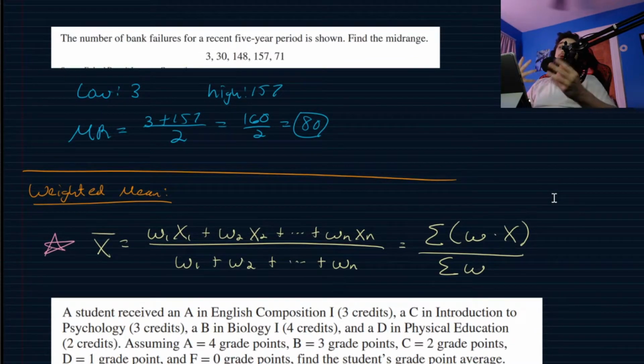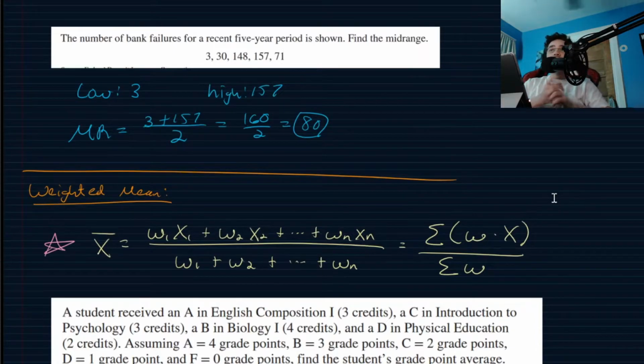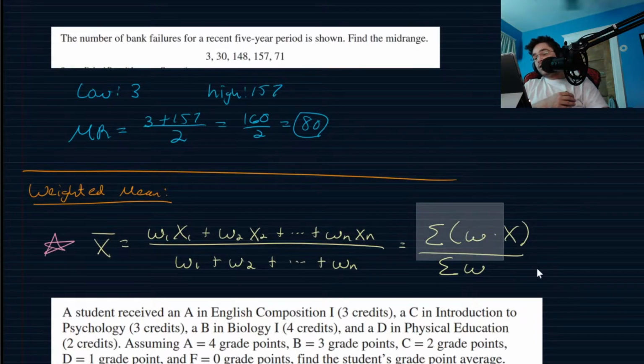Okay, and then we come to the weighted mean, which looks difficult. Looks scary. But it's not so bad, especially if you do all the work in tables and charts. The formula for weighted mean is the sum of all the weights times their data values divided by the sum of all the weights, which is what we've got right here.